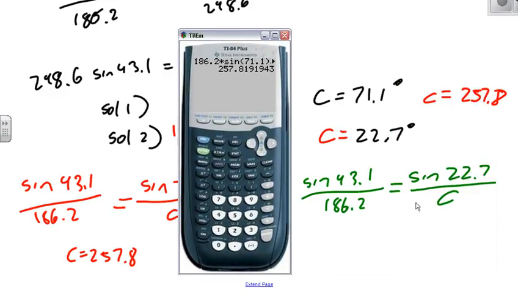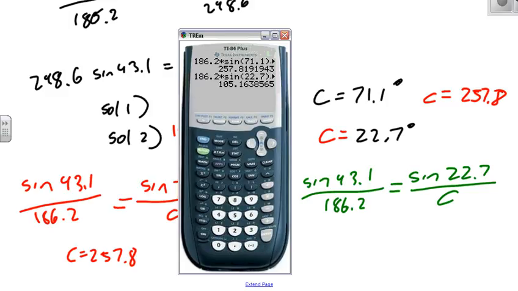Or if you solve solution 2, our green proportion, 186.2 times sine of 22.7 divided by sine 43.1.